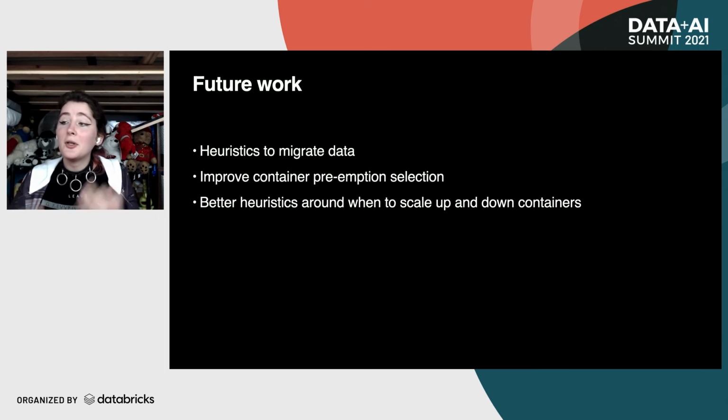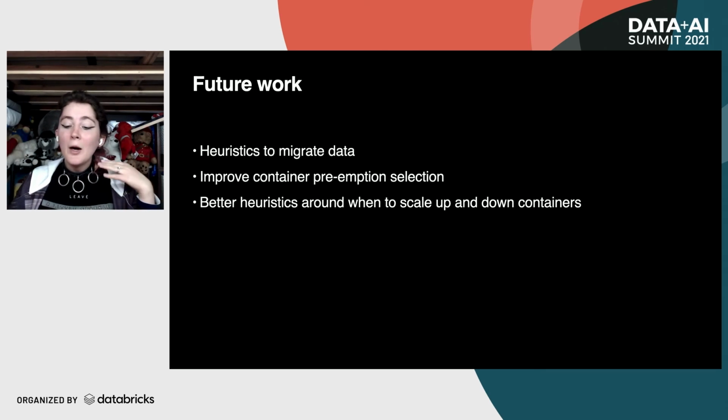Another one is if you're a cloud native or container person, I really think that something we could do that would have a really big impact for the Kubernetes users is improving the container preemption selection. And this comes from the idea that yeah, we can set static priorities, like we can set the driver at a less likely to be preempted priority, and the executor at a higher level of likelihood to be preempted.